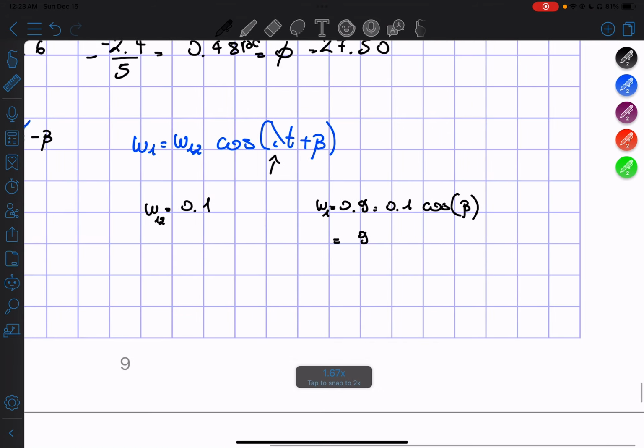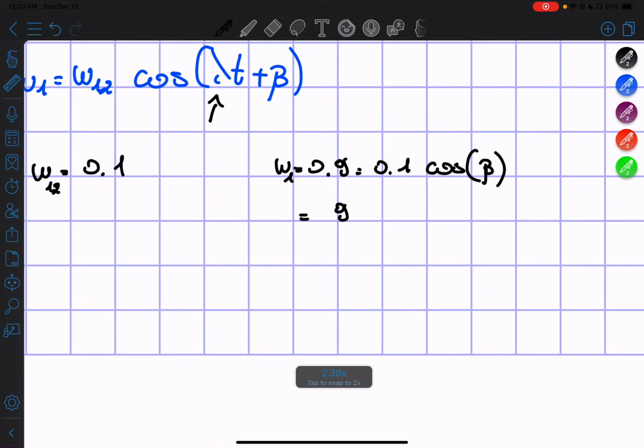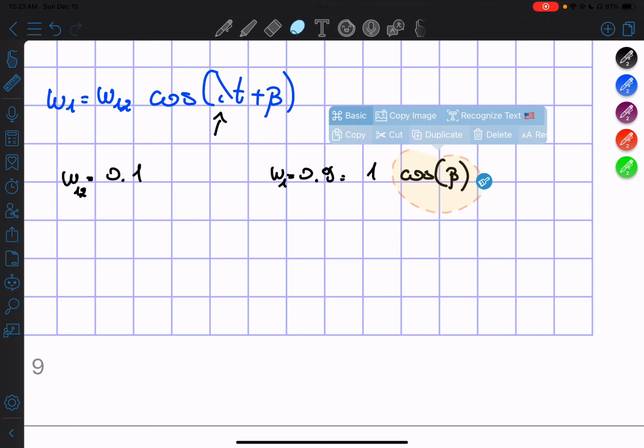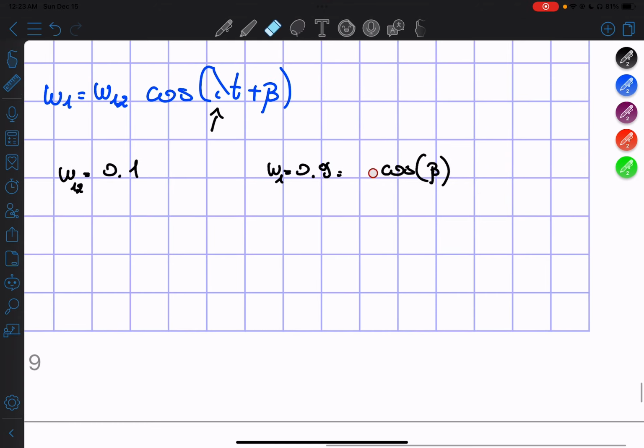Hold on, I'm doing something incorrectly. We obtain our beta. There should be 0.5 in here. Let me do it with omega 2 right now. Let's do it with omega 2, you can see it's going to be the same.